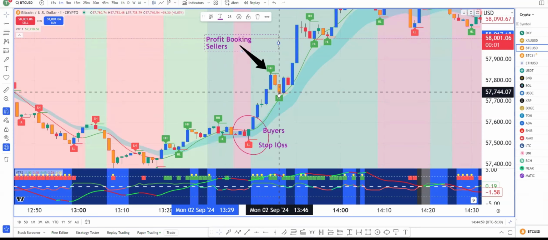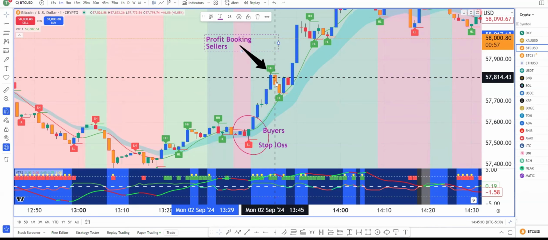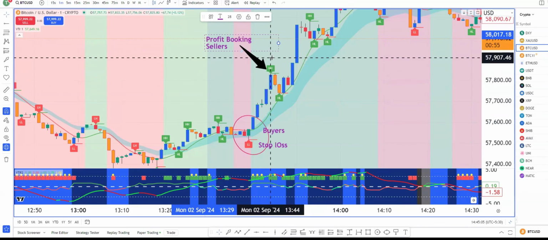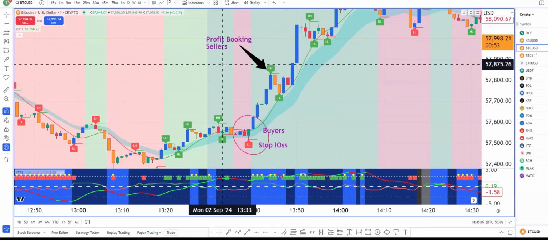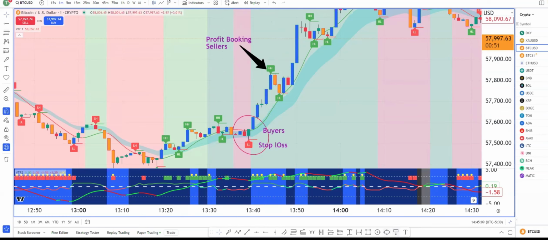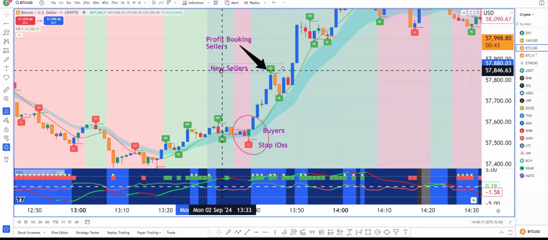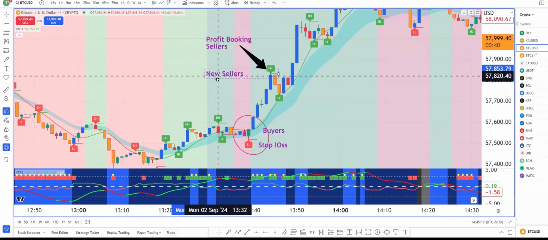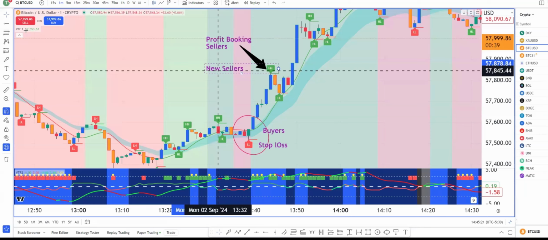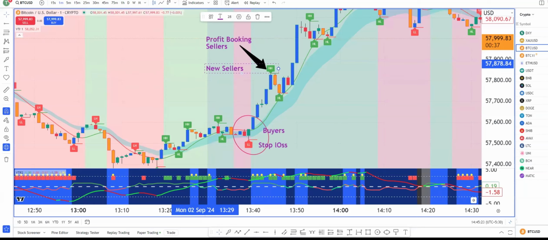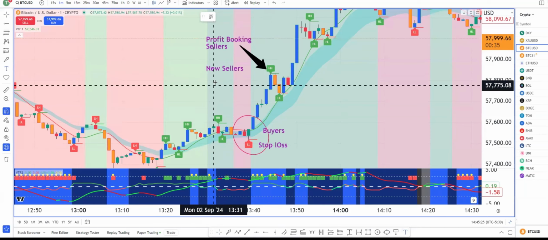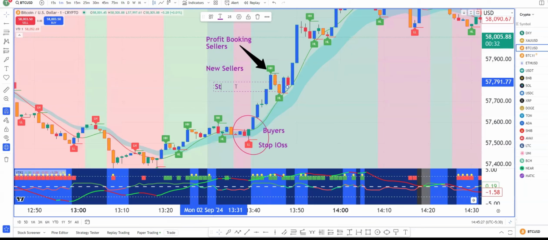When the price is coming down, there will be sellers who say this is the right time to sell, so they will take new selling positions. So here, apart from profit booking sellers, you will have new sellers. When the new sellers come here, where will they keep their stop loss? Their stop loss will be at the swing high.